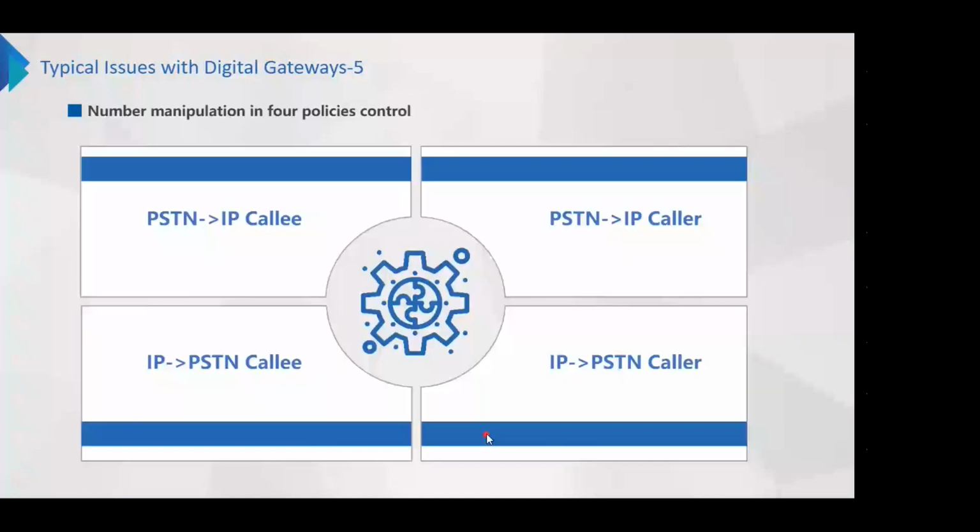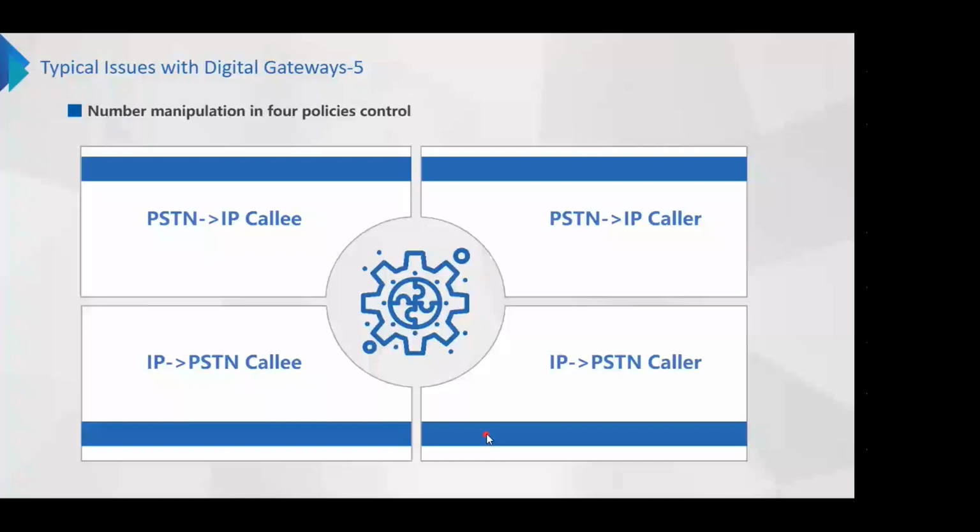Sometimes the customer can see that we have one feature for number manipulation. Of course, if it's not necessary to configure it, I think you don't touch it. If you know the rules or requirements, you can control it.